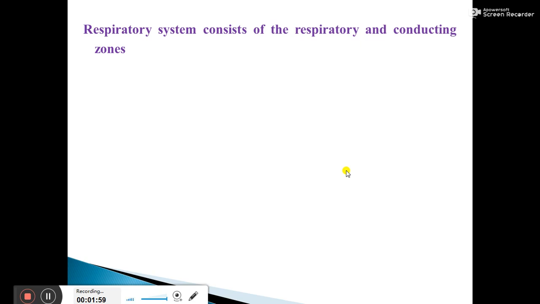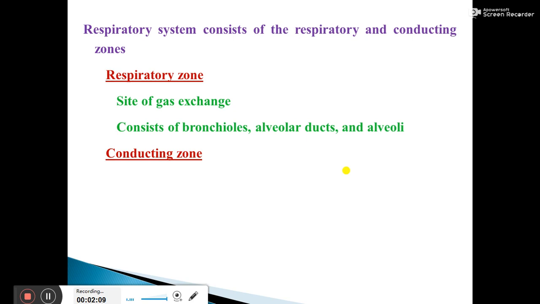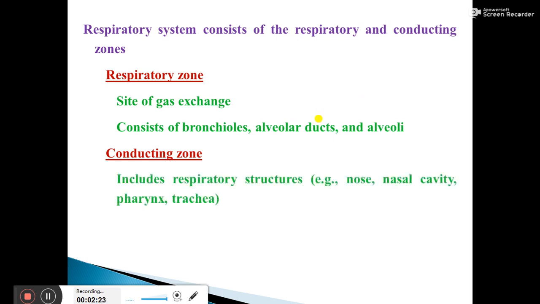So what does the respiratory system consist of? The respiratory system consists of the respiratory zone and the conducting zone. Respiratory zone is the site of gas exchange. It consists of bronchioles, alveolar ducts and alveoli. And what comes in the conducting zone?